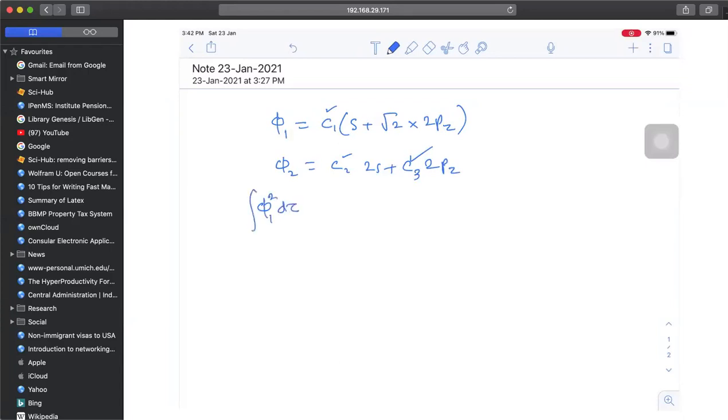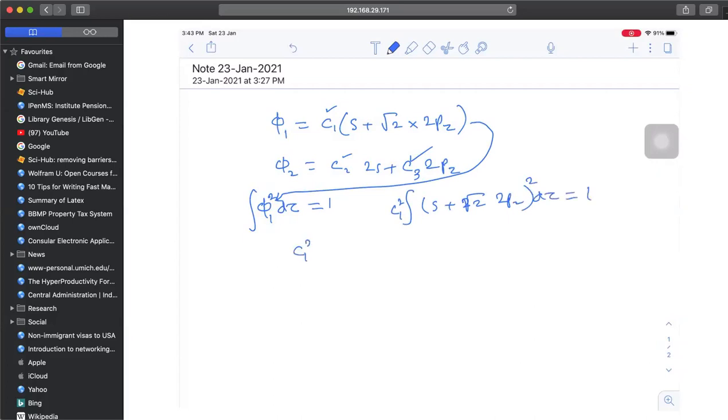So the integral of phi1 squared d tau must be equal to 1. If you substitute for phi1, you get the integral of C1 squared times (2s plus root 2 times 2pz) whole squared d tau equal to 1.